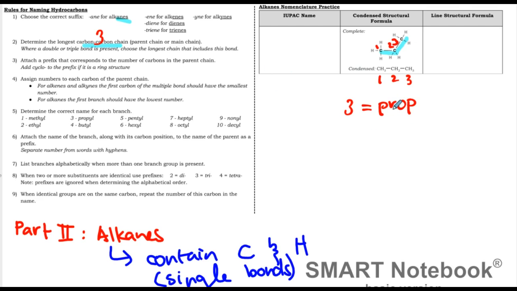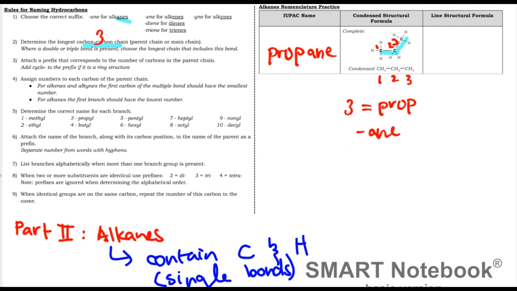So when we add in prop, as well as all of them being single bonds, the suffix ane, the name becomes propane. All one word, propane. And those are actually your barbecue tanks. It's filled with propane gas, which are just a bunch of C's and H's.